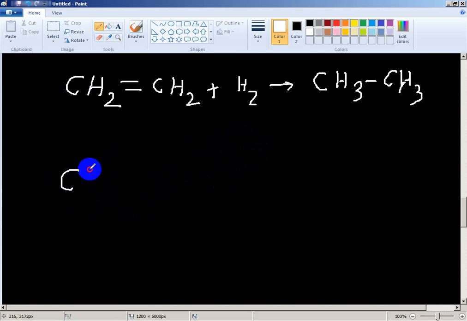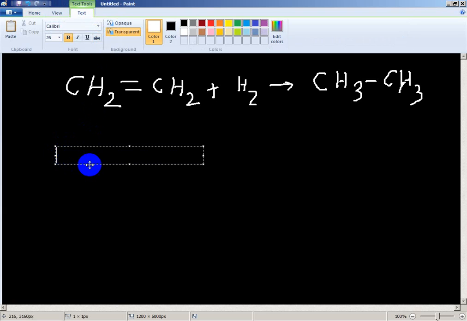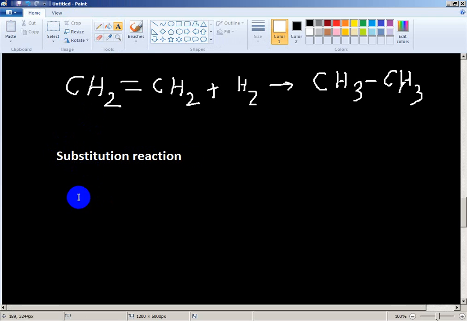You know this substitution reaction. Here an atom or group of atoms is replaced by another atom or group of atoms. Like this is CH4.